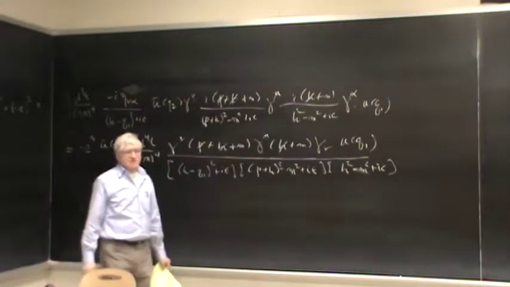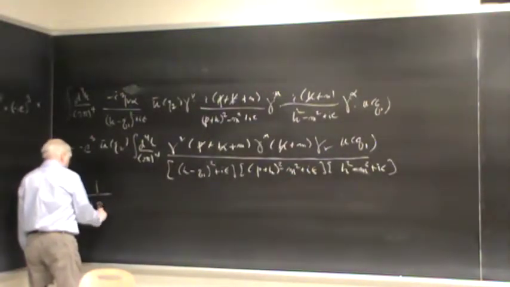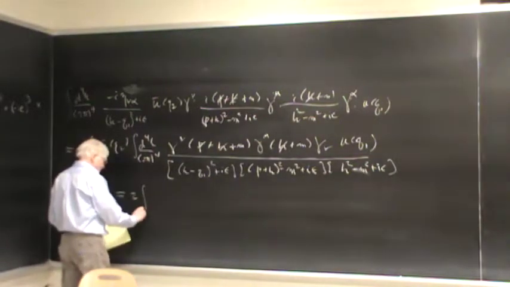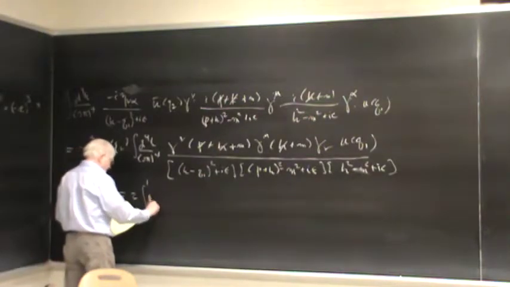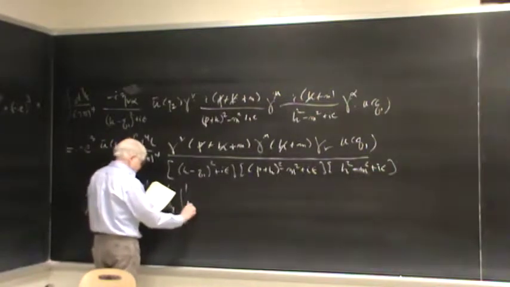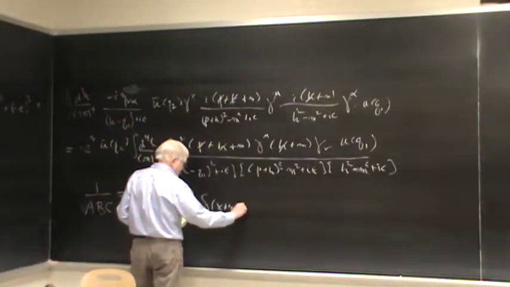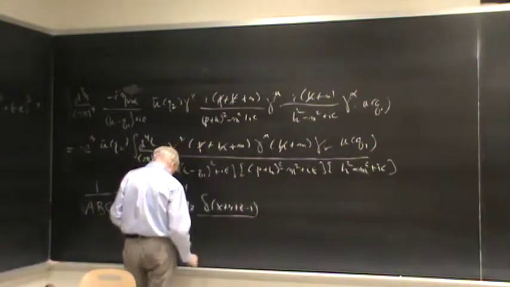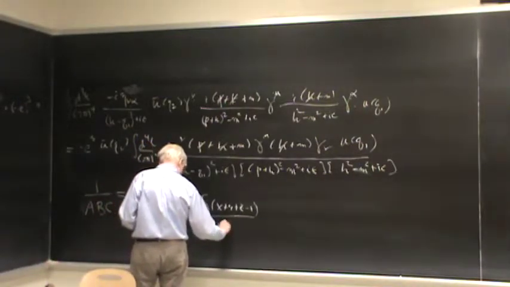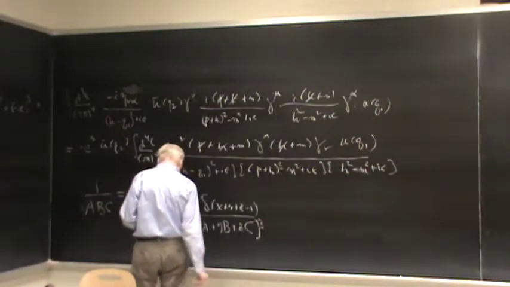All right, well now we use the second Feynman trick, which is 1 over ABC equals 2 times the integral from 0 to 1 of dx, dy, dz, with a delta of x plus y plus z minus 1, divided by (xA plus yB plus zC) cubed.